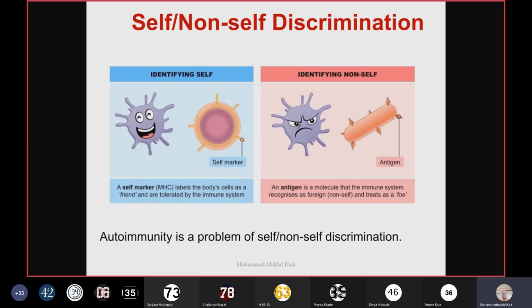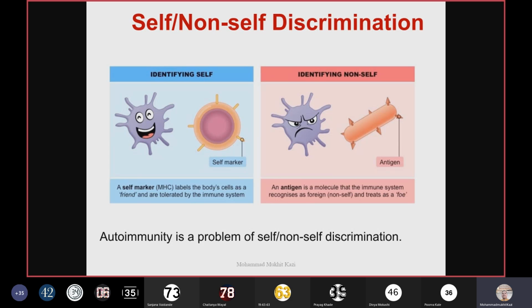Even if a bacterium has an antigen on its surface, it should be identified as non-self. It does not belong to the host, so it has to be eliminated. So autoimmunity is a problem of self non-self discrimination.